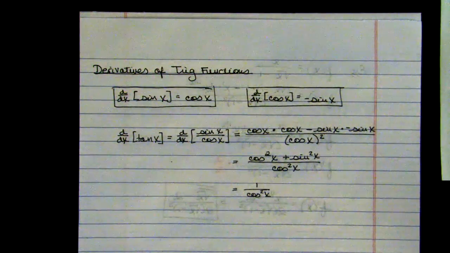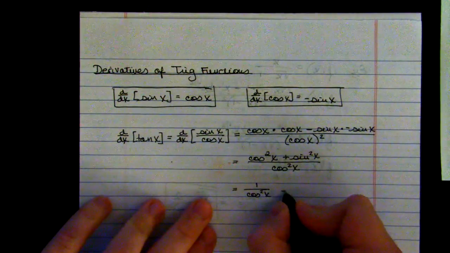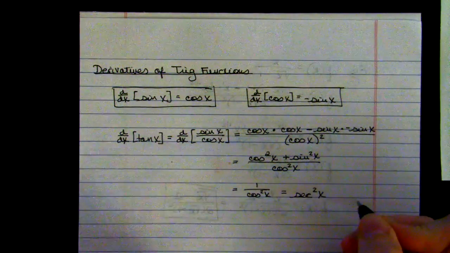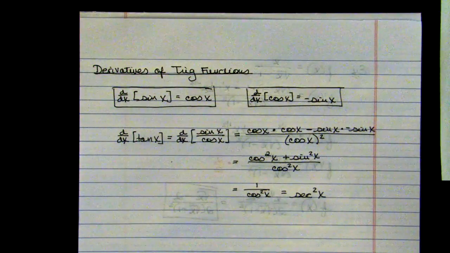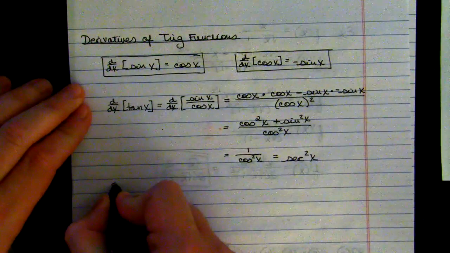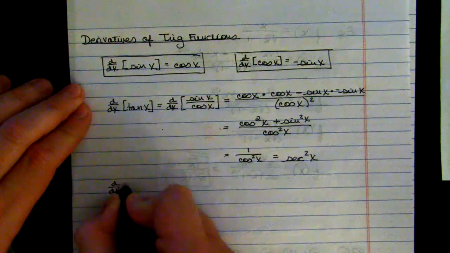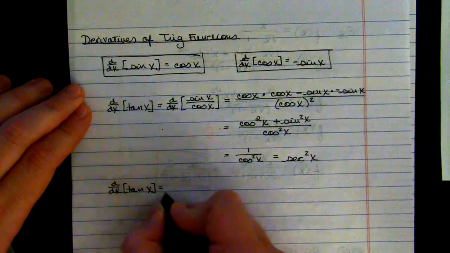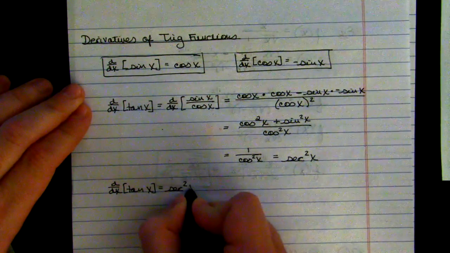And actually there's another way I can write this. 1 over cosine is the same as secant. I'm going to say this is the secant squared of x, so then I don't have to deal with fractions. The derivative of the tangent of x is the secant squared of x.